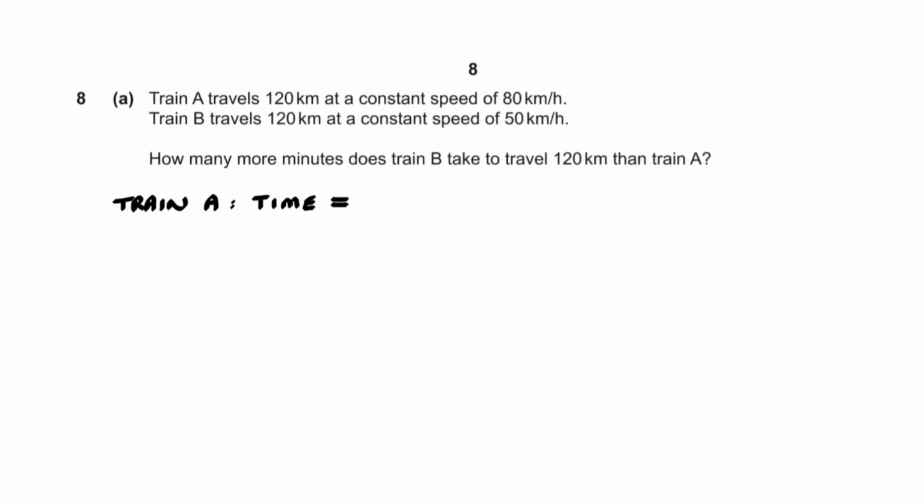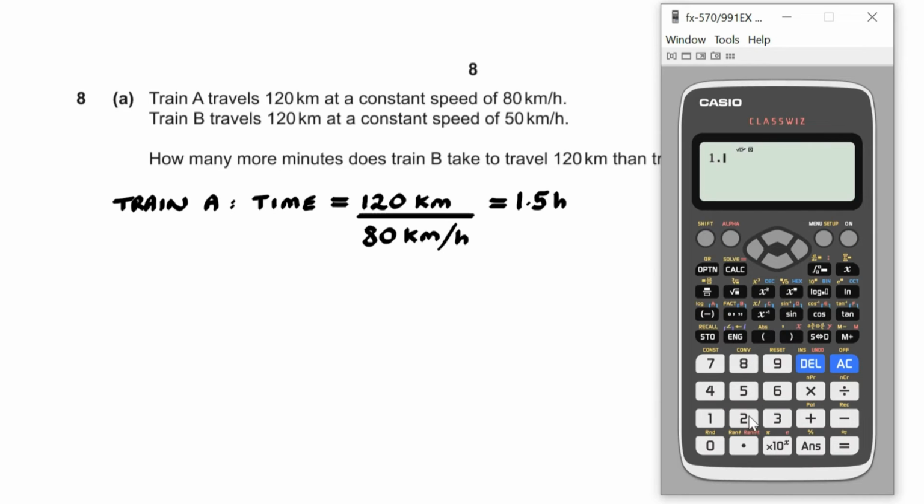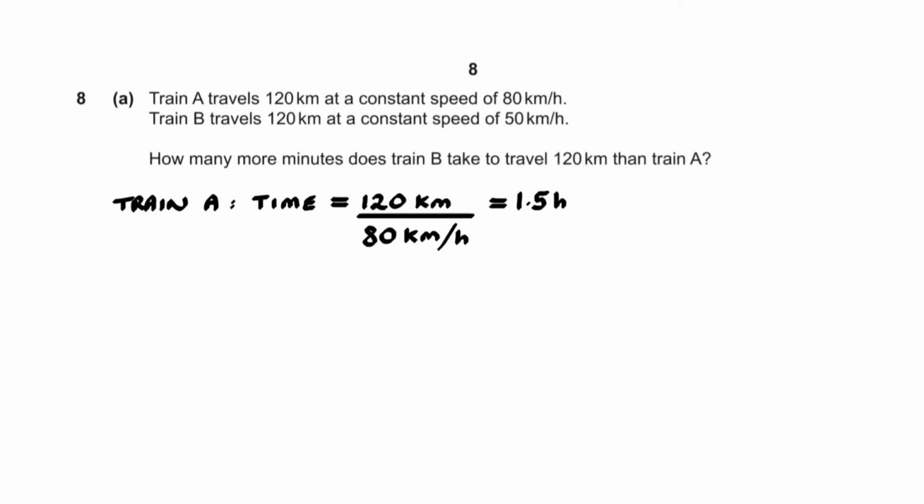We've got the distance, 120 km, divided by the speed, 80 km per hour, and working this out, we get 1.5 hours. Now, if I multiply 1.5 by 60 to convert it into minutes, I get 90 minutes. So the time it takes for A is 90 minutes.